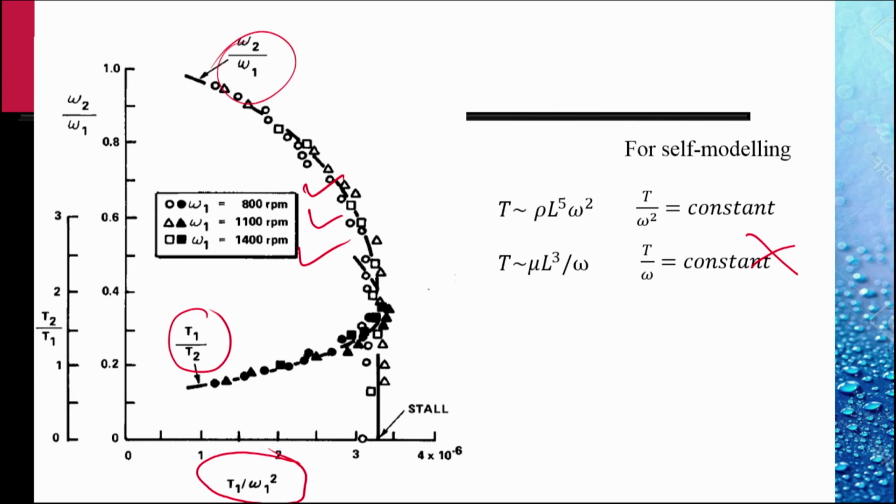So the assumption of negligible viscous forces, because the flow is expected to be turbulent within the casing of the torque converters, stands the test of self-similarity. Thank you.